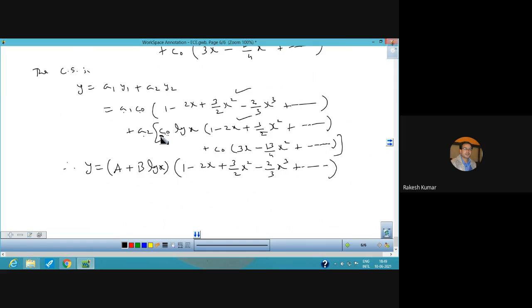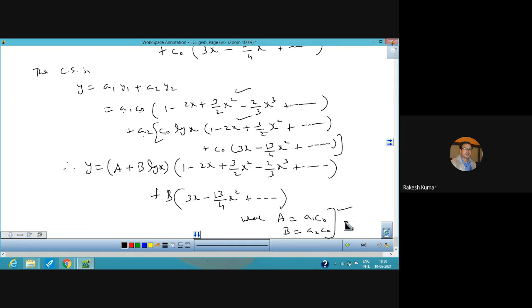Similarly, in the next term, A2 C naught is also named as capital B. So capital B, 3x minus 13 over 4 x square plus so on. So where your capital A is named as A1 C naught, and your capital B is named as A2 C naught.